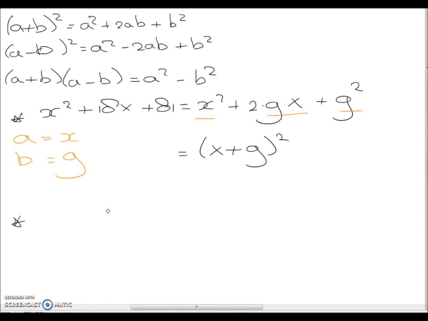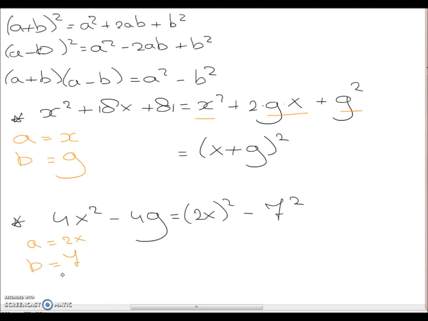But let's look at a more important one. 4x squared minus 49. And you're being asked to factorize this. That's getting a little tricky unless you note, oh, well, 4x squared is (2x) squared and 49 is 7 squared. So let's say our a is 2x and our b is 7.